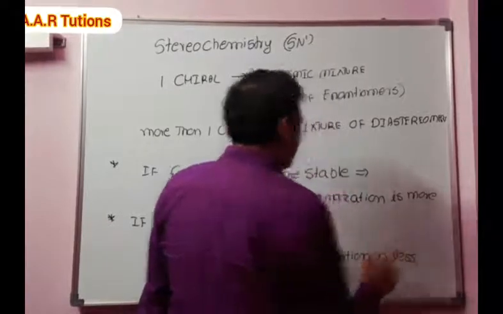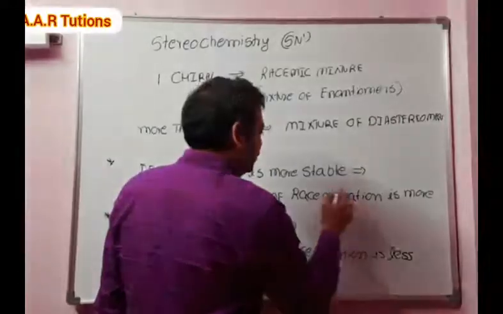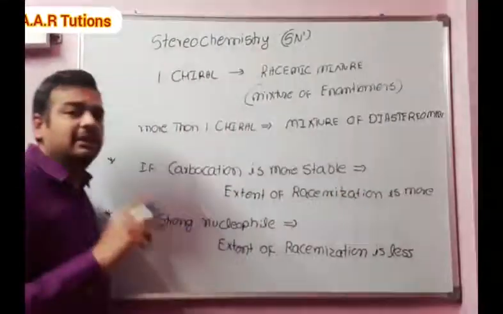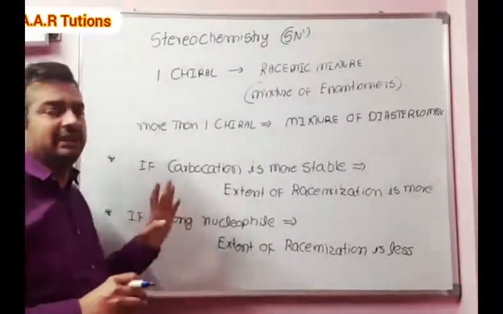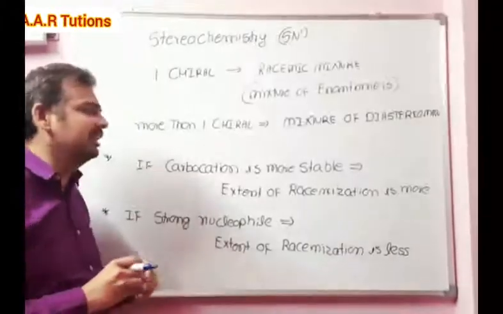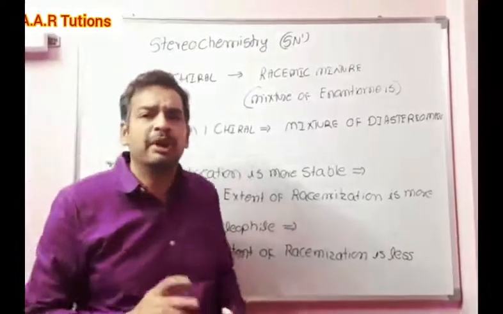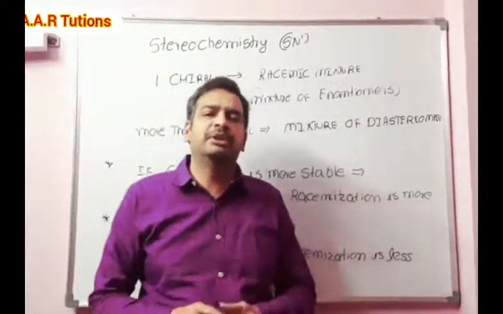Because in the case of a strong nucleophile, SN2 will take place, and no racemization will take place. So there is less chance of racemization. In the case of a stable carbocation, there is more chance of racemization. So this is about stereochemistry and about the unimolecular nucleophilic substitution reaction.